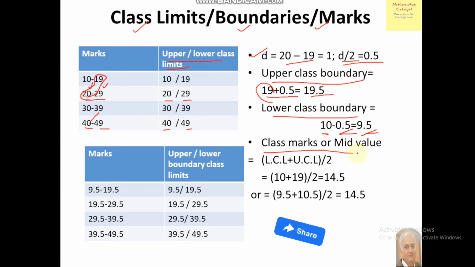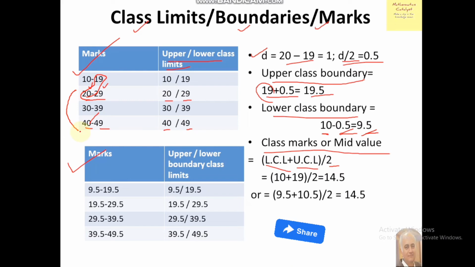Next is class marks or mid values. What is the class marks and mid values? Class marks आपका होता है LCL plus UCL, मतलब upper class limit plus lower class limit dividing by 2. You have to take the midpoint of lower class limit and upper class limit. We can take this exclusive distribution or inclusive distribution.